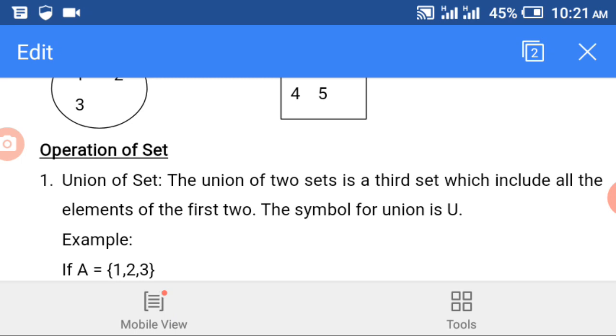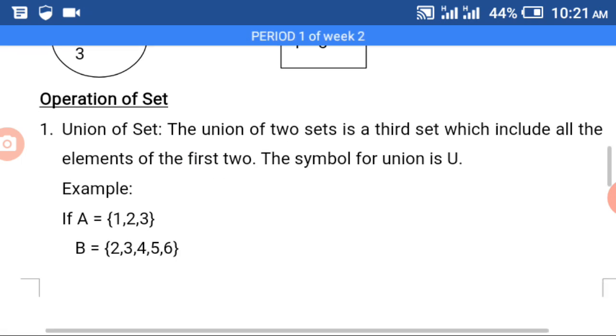Now, the union of two sets is a third set which includes all the elements of the first two. The symbol for union is U. Are we together?